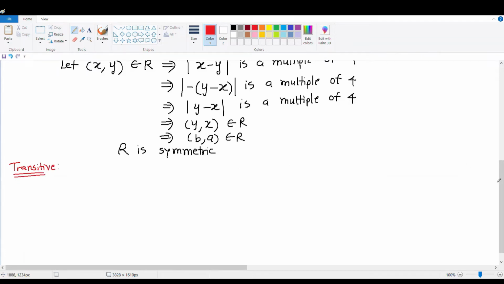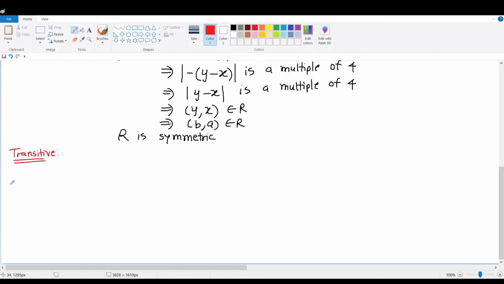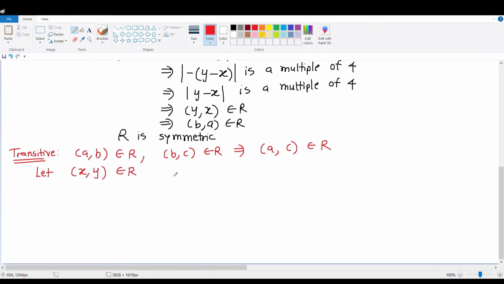The definition of transitive is that, let's say you have (a, b) in R and (b, c) in R, then you must have (a, c) in R. Now let (x, y) belong to R and (y, z) belong to R. We are taking a equals x, b equals y and c equals z.